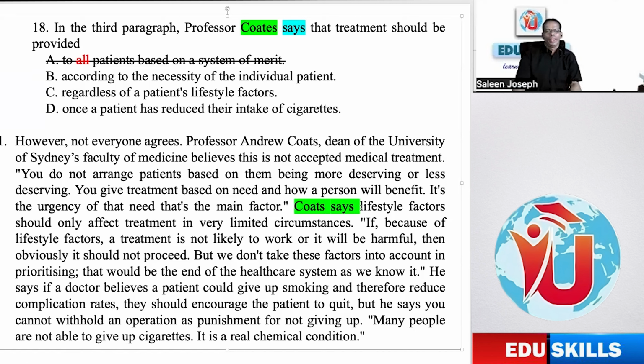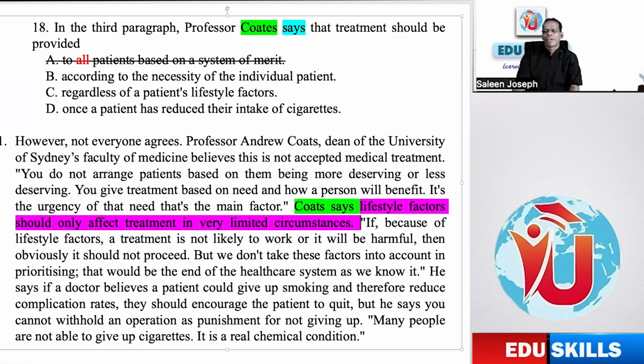Lifestyle factors should only affect the treatment in very limited circumstances, which means it should not affect. Lifestyle factors should not affect treatment. In very limited circumstances means normally it should not affect.